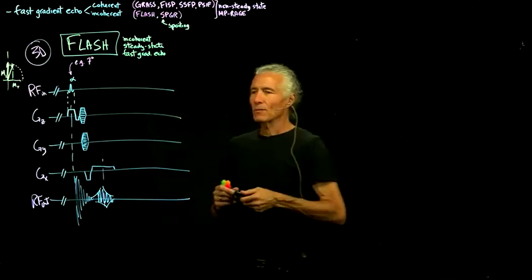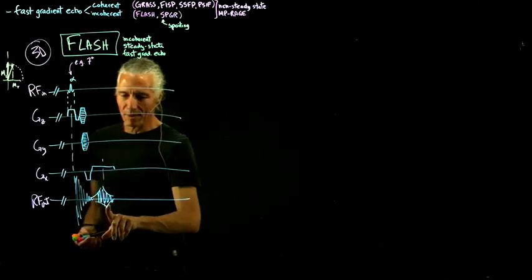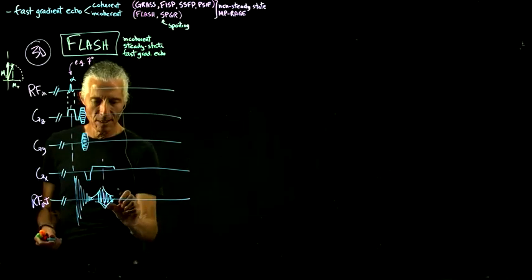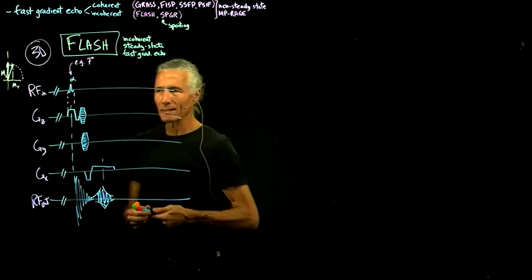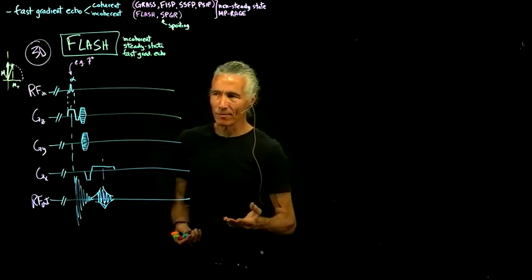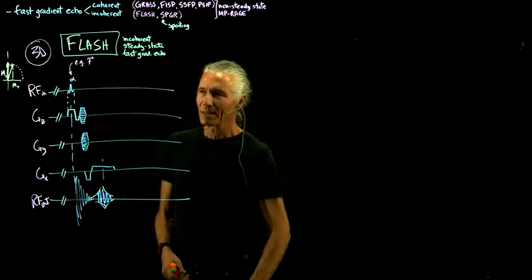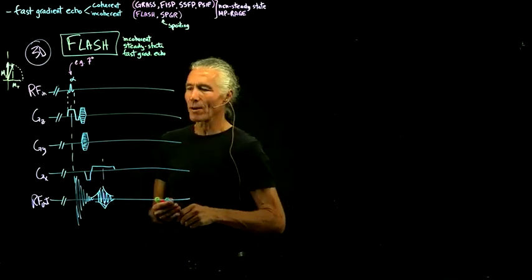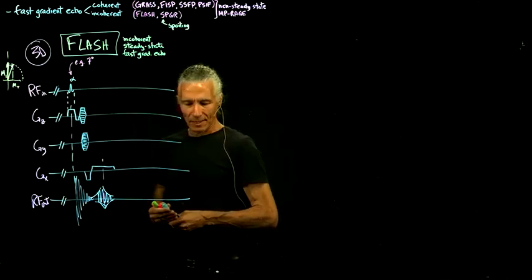So now we record a reasonable amount of the echo. The echo has more or less died away, but there's still a lot of hidden transverse magnetization because it's T2 star, and we haven't fixed the static gradient offsets.